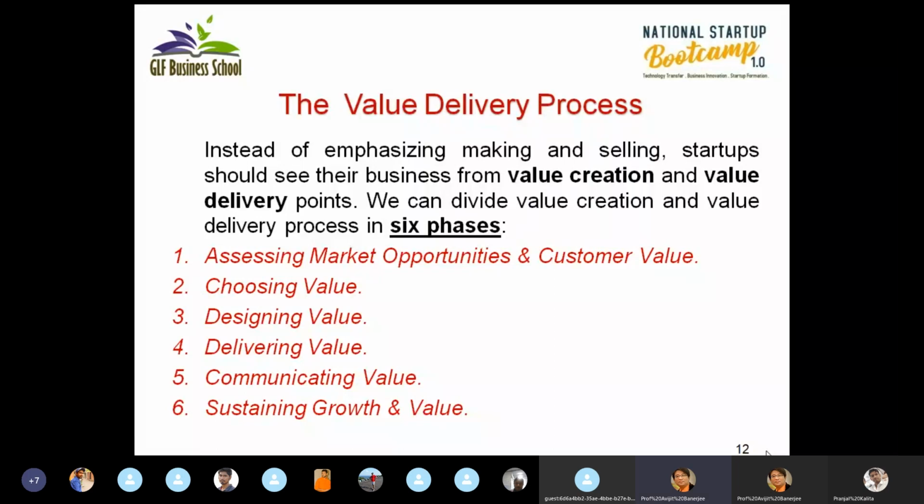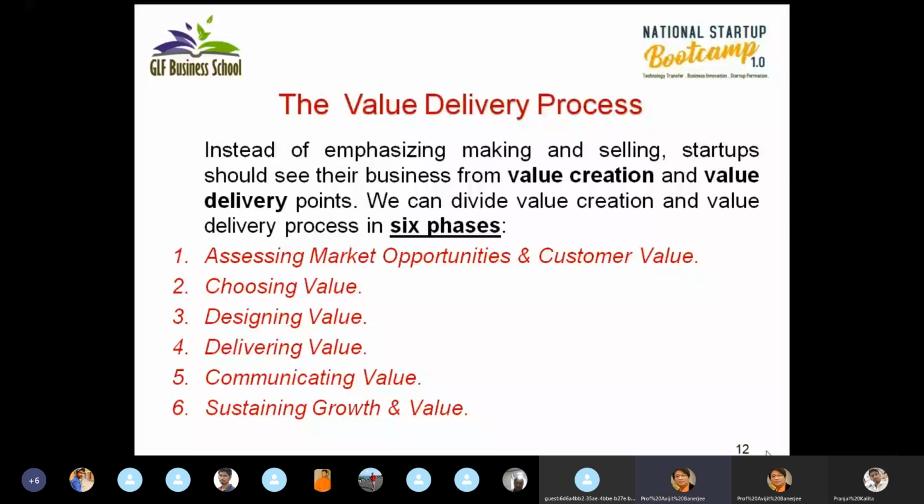This realization inspired a new view of business process that places marketing at the beginning of planning. Instead of emphasizing making and selling, companies now see themselves as part of the value creation and delivery process.